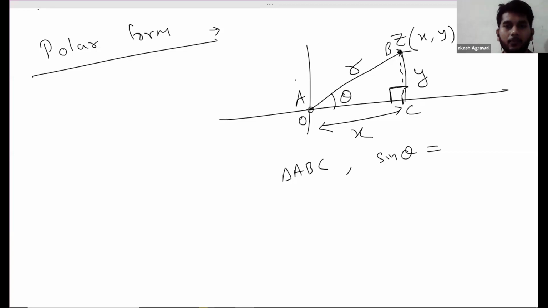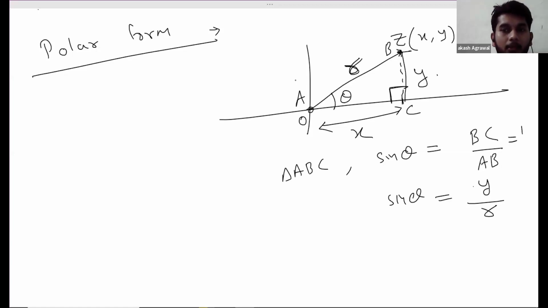BC divided by AB. Very good. What is the value of BC? Y. And what is AB? This is R. So sine theta is y by r, because this is perpendicular upon hypotenuse.